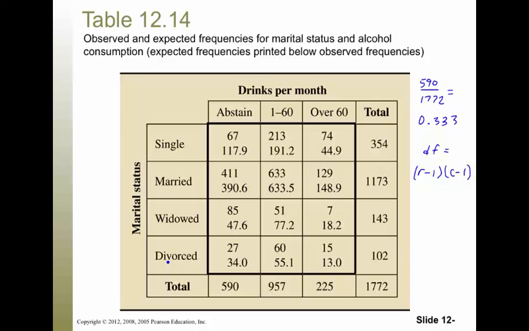So we have 4 rows, 4 different outcomes for marital status, so we're going to take 3, 1 less, times, and what do we have? We have 3 different categories for drinks per month, so we take that minus 1, so times 2. So we're going to use 6 degrees of freedom when we get our critical value from the chi-square test.